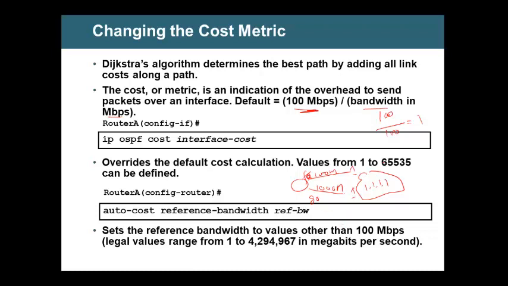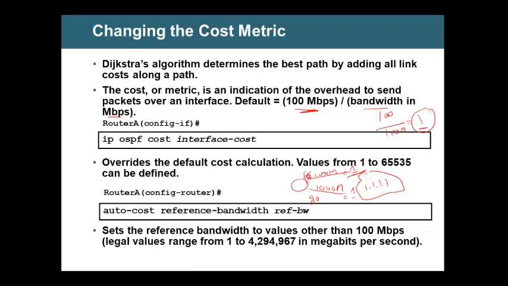The cost here is 1, 100 by 100 is 1. And now for gig Ethernet, 100 by 1000 will come as a fraction number. But there is no metric in fraction. So it will round it to 1 only. So the cost on gig Ethernet and fast Ethernet is the same.